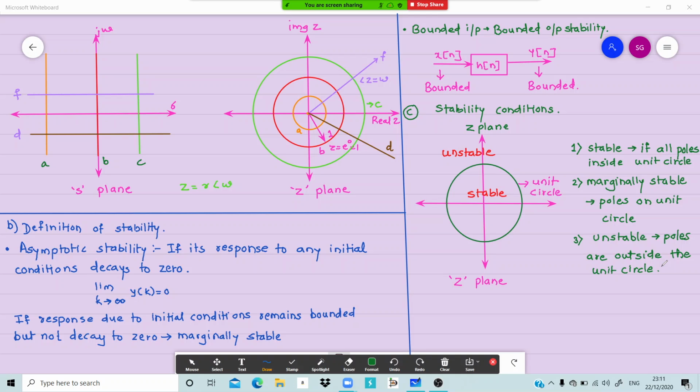Now one more concept comes whenever we talk about stability, and that is region of convergence. What is region of convergence? We'll talk about it, and that will be the last topic for this digital control system.